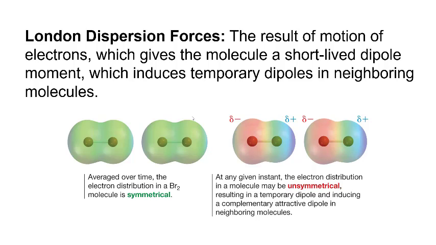And so this London dispersion force comes into play specifically when we're thinking about nonpolar molecules. If we think about bromine, Br2, this is a nonpolar covalent molecule. There is no net dipole moment that exists at all times for bromine.